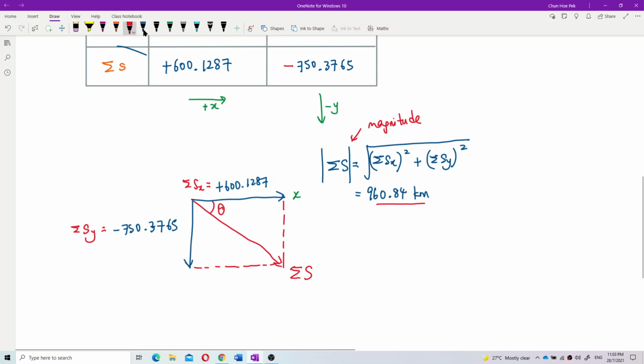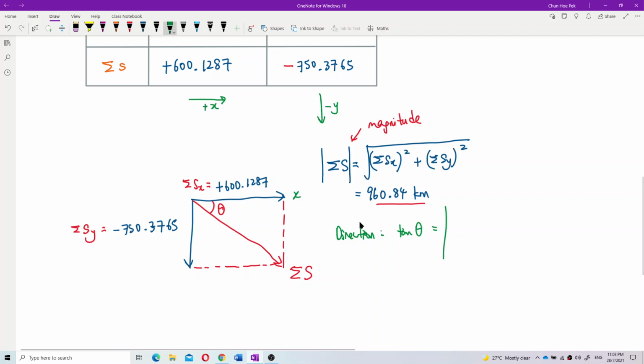Okay, let us now find the direction. Sorry, let me just rub it off. So for direction, we need to find the angle theta. We use tangent theta. Why? Because we already have the opposite and adjacent, just divide them.